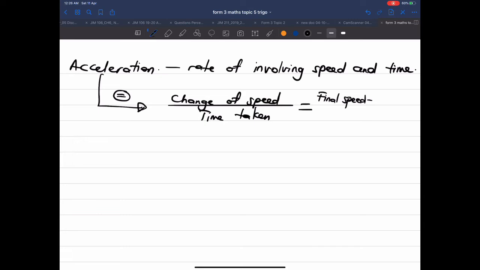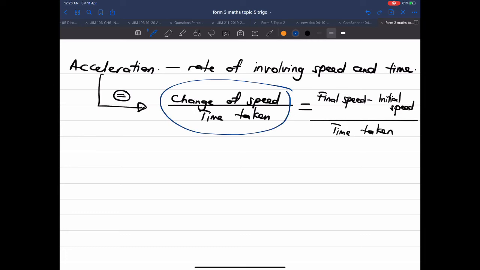Final speed minus initial speed divided by time taken. Okay, so we'll get this and also this.